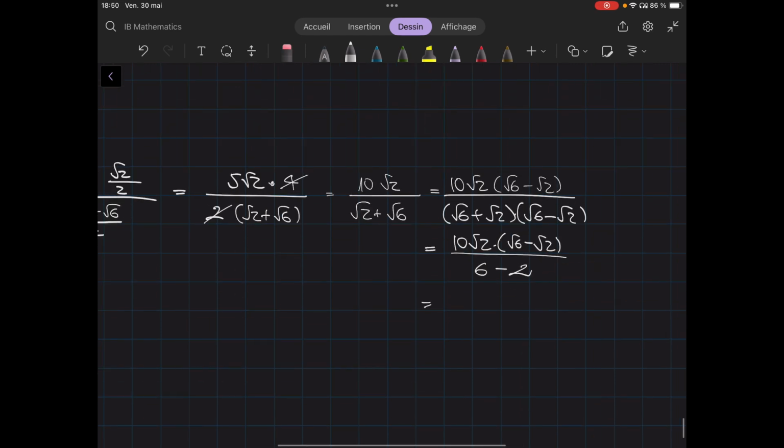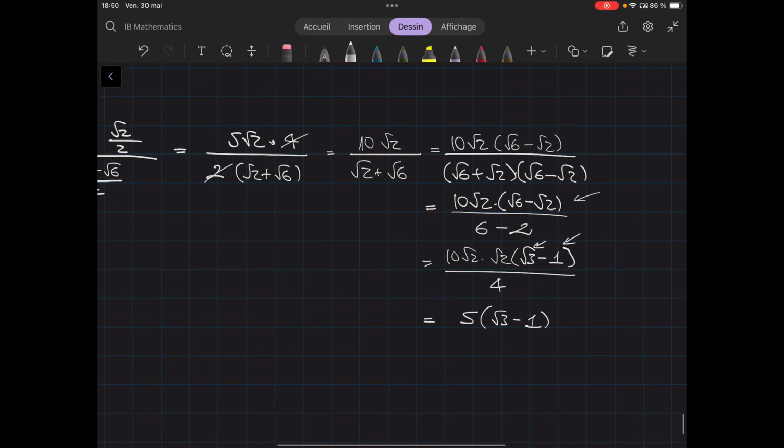We can factor root 2 from here. That will leave us with root 3 minus 1. That's what we're looking for. Divided by 4, and you will get 5 times root 3 minus 1. In other words, p is equal to 5, and q is equal to 3. And that is the end of question 11. A very good plot twist from the IB.